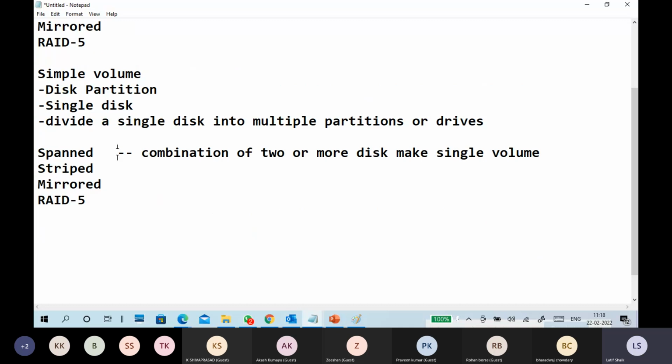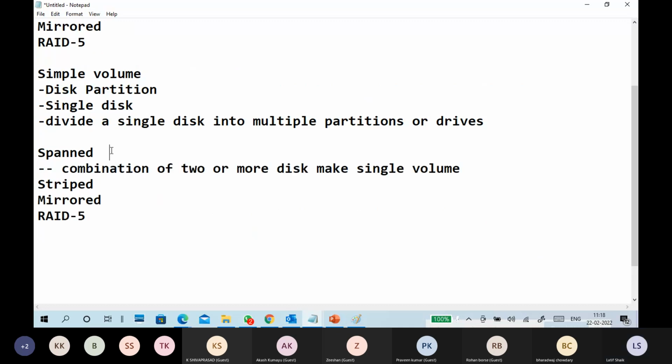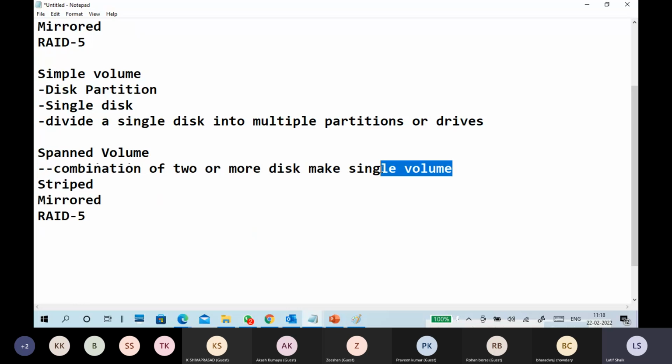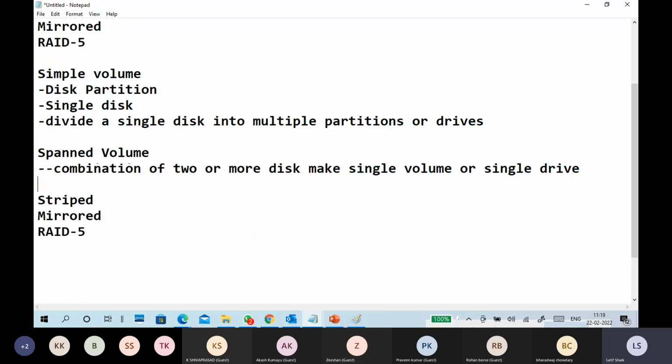Spanned volume: a combination of two or more disks makes a single volume or a single drive. Drive means C drive, D drive, E drive, we call that a drive, right? So that is a single drive.